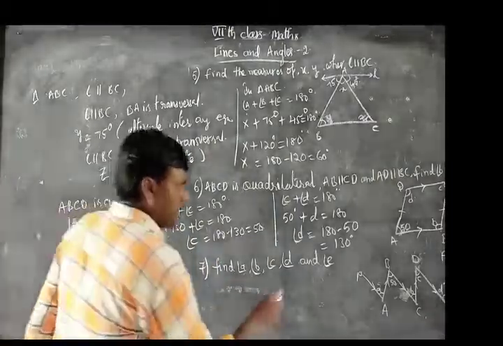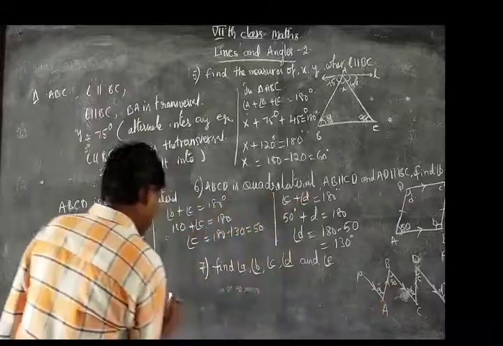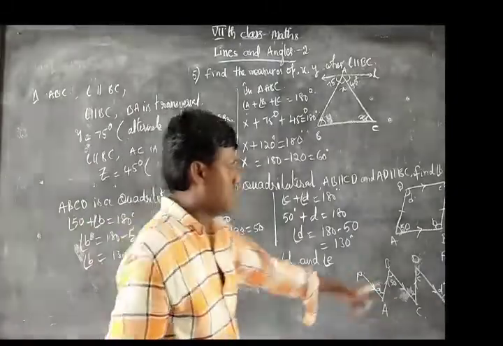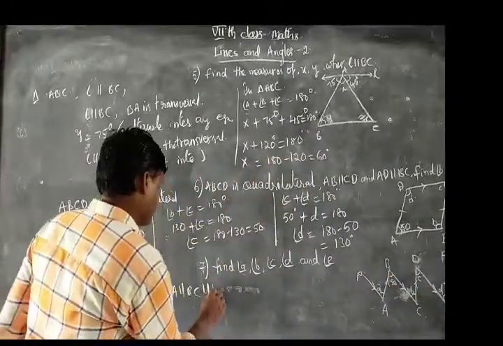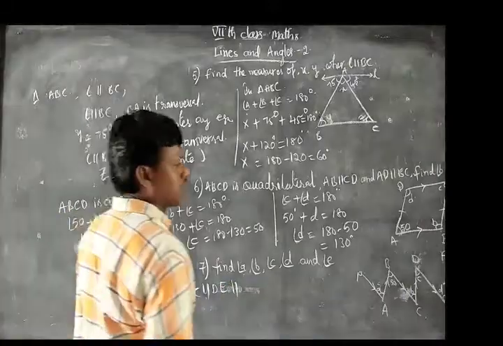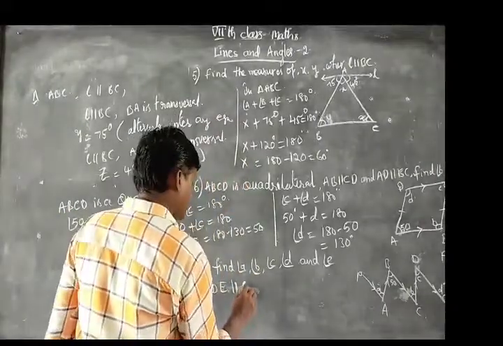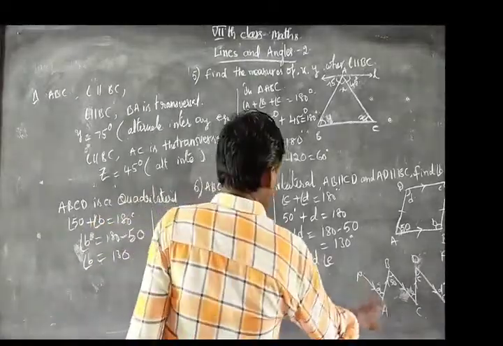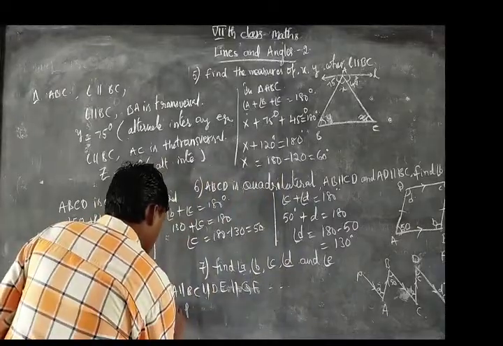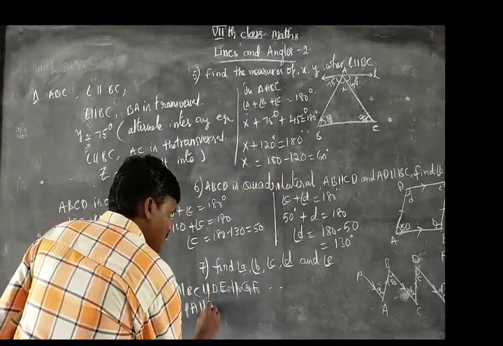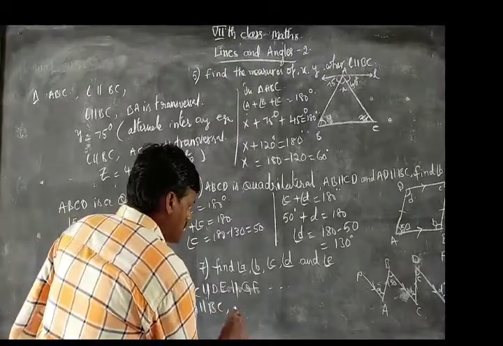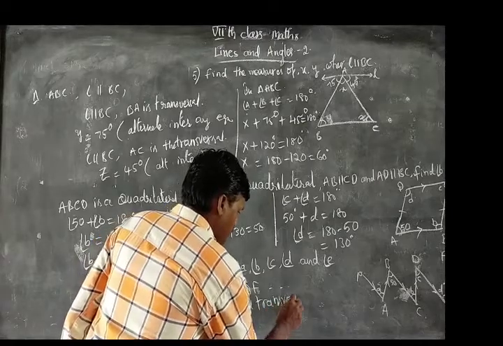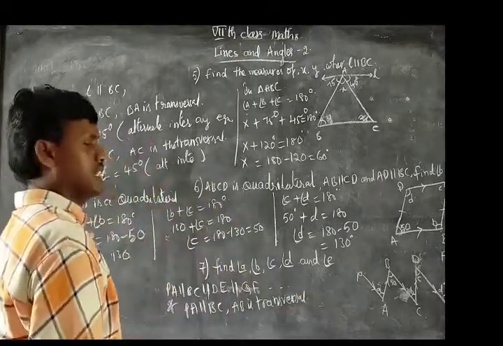And if you observe that PA is parallel to BC, BC is parallel to DE, and DE is parallel to FG, and so on. Here particularly PA is parallel to BC. Just assume that PA is parallel to BC and AB is the transversal.